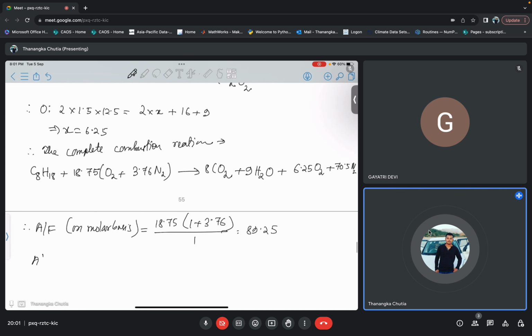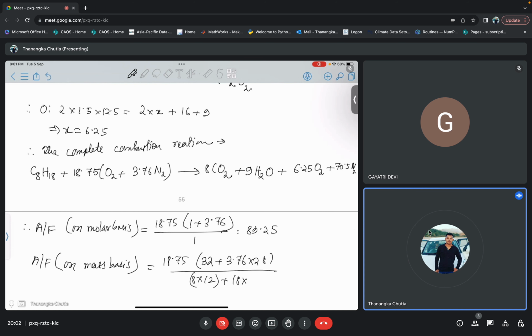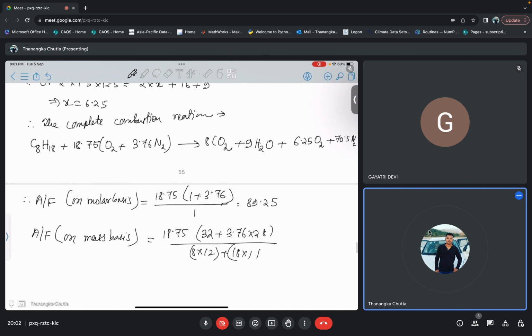And air fuel ratio on mass basis will be equal to 18.75 into 32 plus 3.76 into 28, divided by 8 into 12 plus 18 into 1. So this one you will get 22.57.